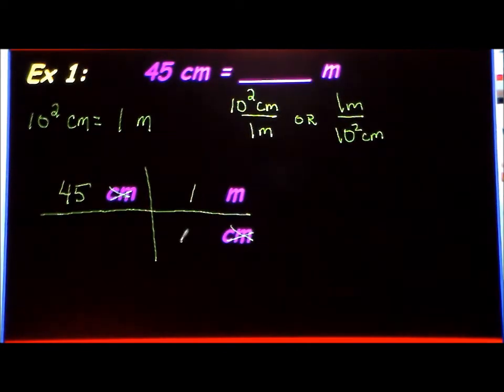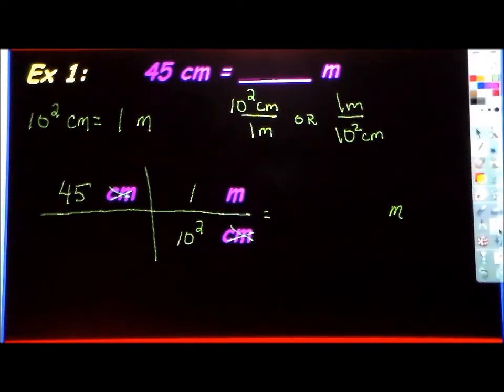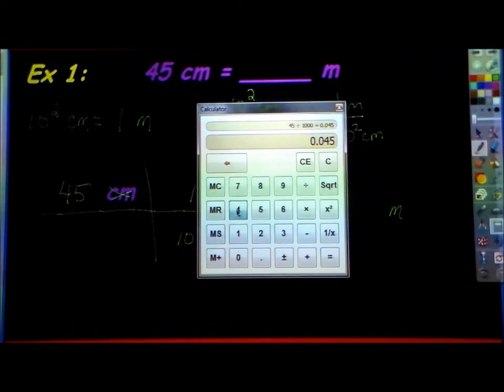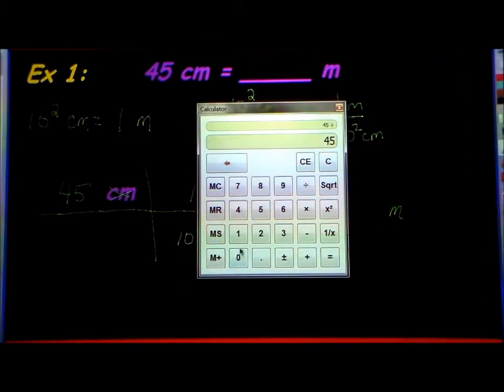And then 1 meter to 10 squared centimeters. So when I do this problem on the calculator, that's going to end up giving me meters for my final answer. So we have 45 divided by 100. And notice that that gives me 0.45.